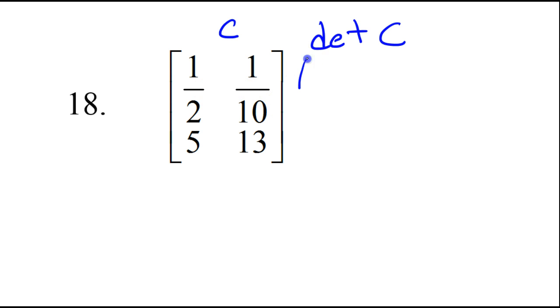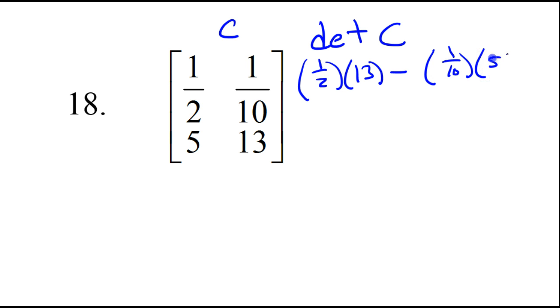The down diagonal, meaning 1/2 times 13, minus the up diagonal, which is 1/10 times 5. Okay, down diagonal minus up diagonal.